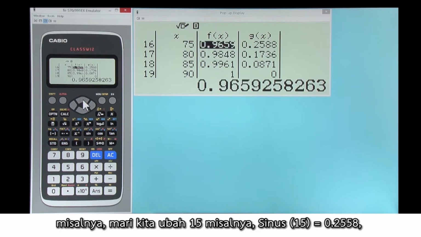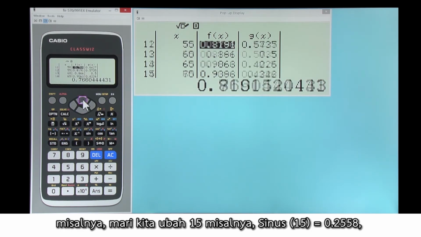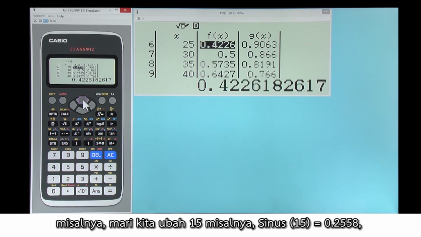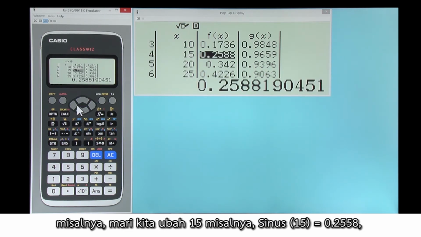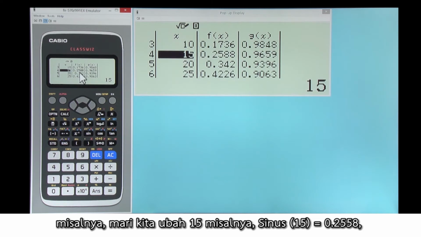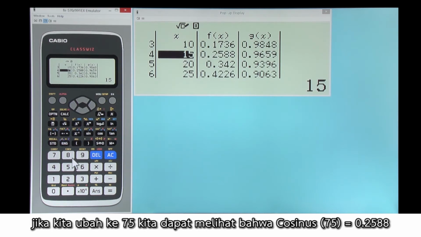So for example, let's change our 15, for instance. The sine of 15 is 0.2588. If we change it to 75, we can see that the cosine of 75 is 0.2588.